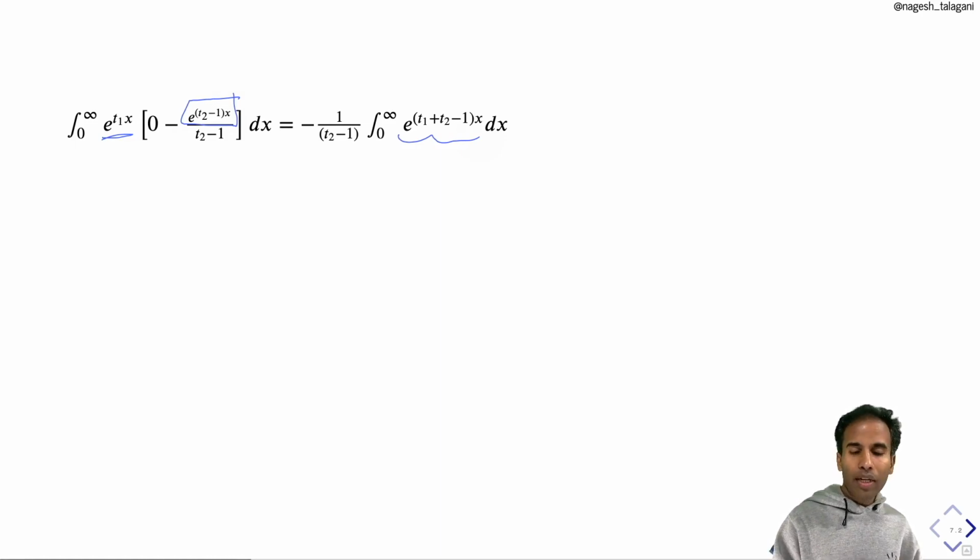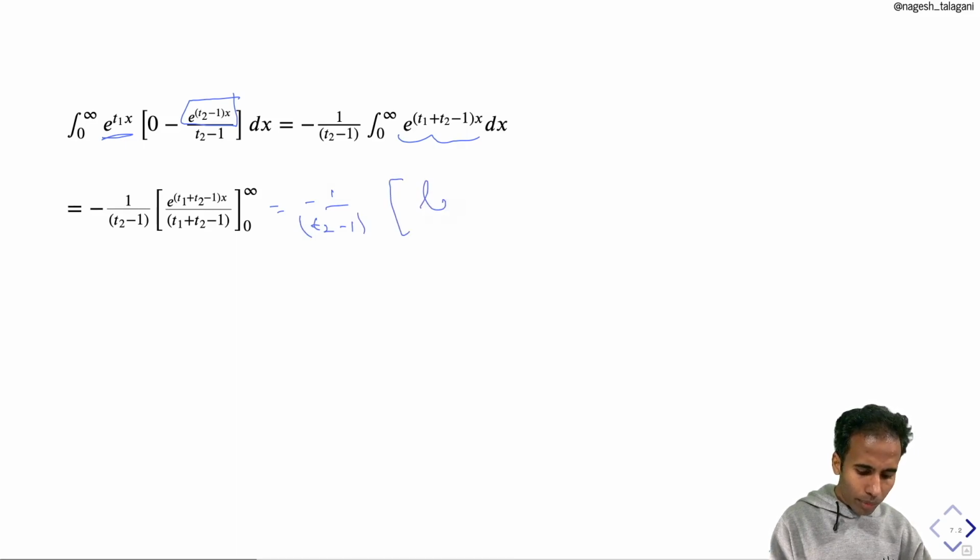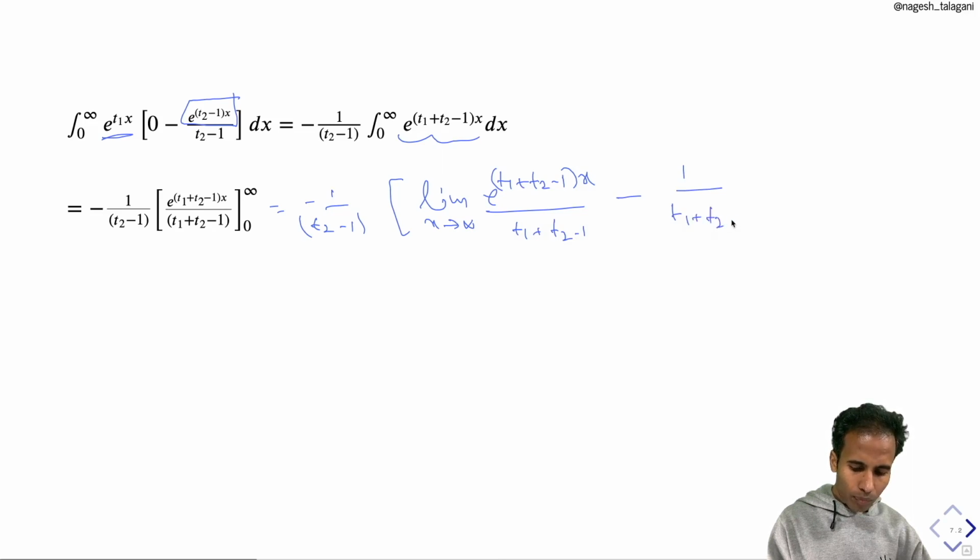Fine. Now integral of e power t1 plus t2 minus 1 x with respect to x is going to be e power t1 plus t2 minus 1 x by t1 plus t2 minus 1. We have to evaluate at 0 to infinity. So this is going to be minus 1 by t2 minus 1 times limit x tends to infinity e power t1 plus t2 minus 1 x by t1 plus t2 minus 1 minus, at 0 it's going to be e power 0, 1 by t1 plus t2 minus 1.